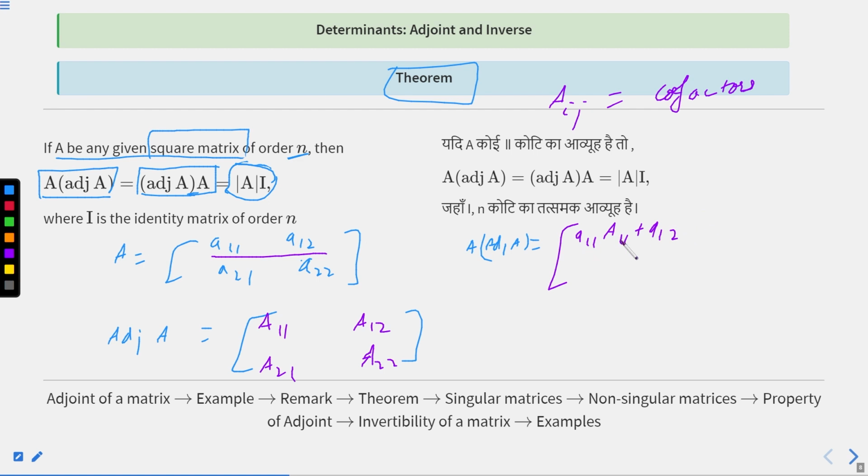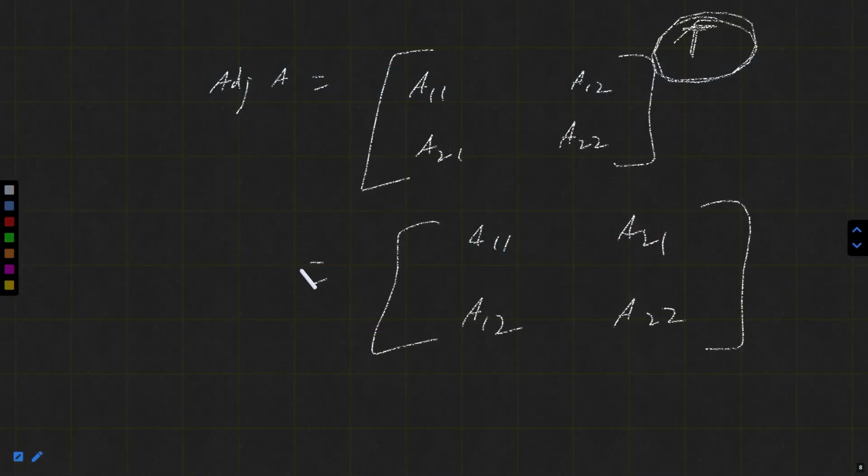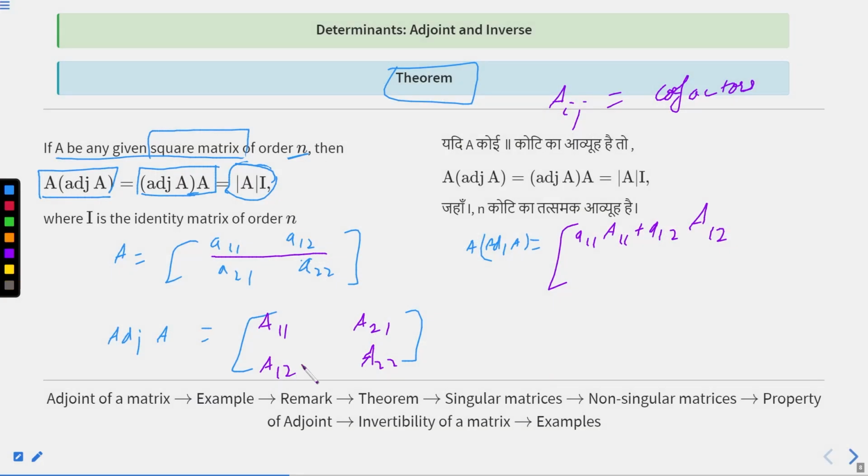Now a11 with capital A11, a12 with capital A12, and a12 with capital A21. Clear? So how did we get this? By just the definition. We use the definition. Now you will have a 2 cross 2 matrix.